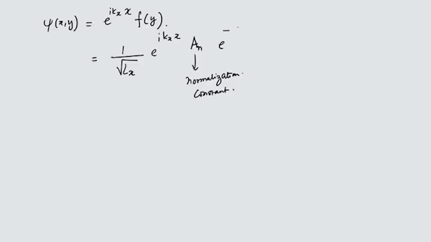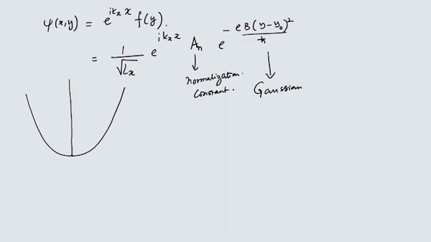So, this is equal to exponential of minus (y minus y0) whole square divided by h cross, which is the Gaussian part. Just reminding you that this is the harmonic oscillator, and you have a Gaussian like this for the ground state, and this is for the first excited state, it is like this and so on. Okay. So, this is an odd function.